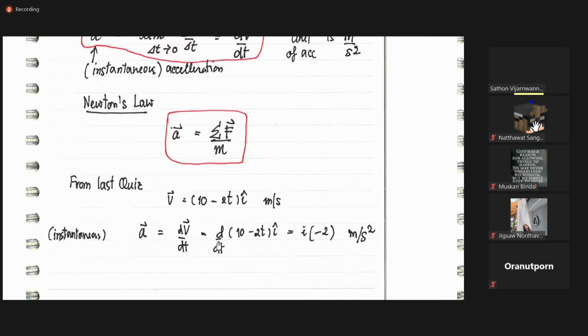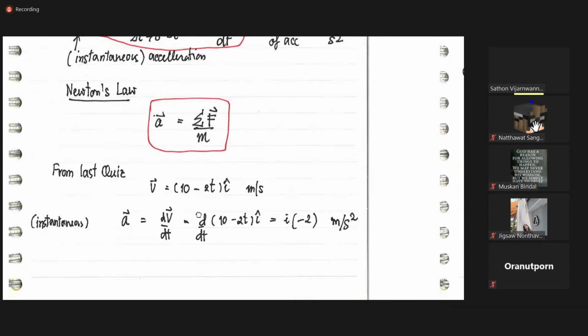And in this case, acceleration is constant. Okay, this is instantaneous acceleration. It is constant at minus 2. So this is the condition from the last quiz. For an object with constant velocity, the acceleration will be 0 because the velocity doesn't change over time.